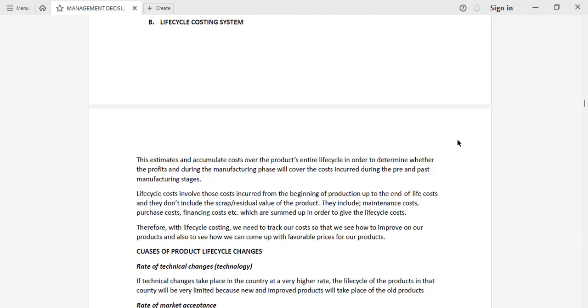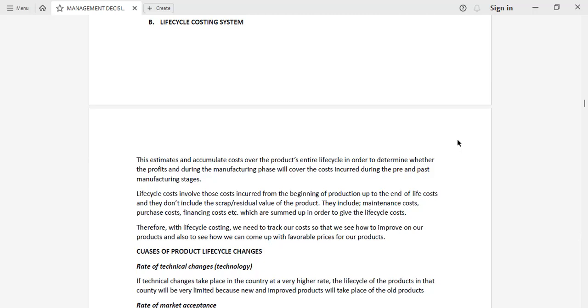We keep recording all the costs to the point that we produce the finished products. Remember, our emphasis here is on manufacturing companies, not on trading companies.